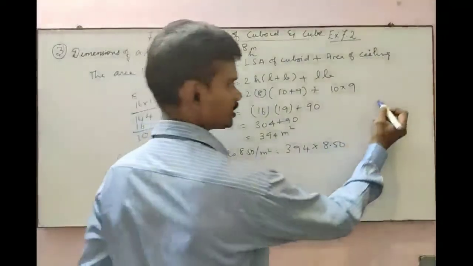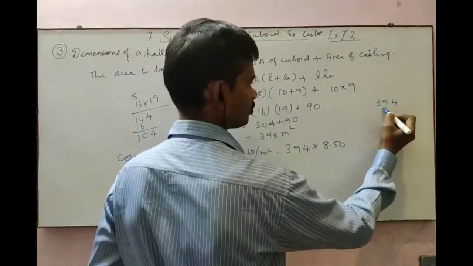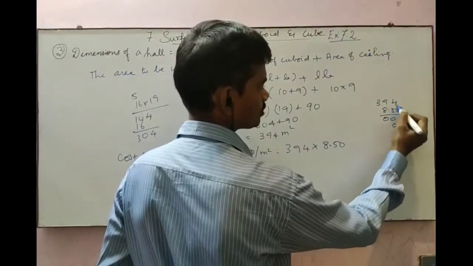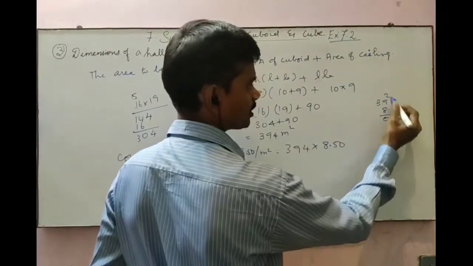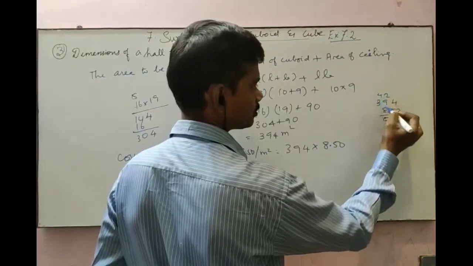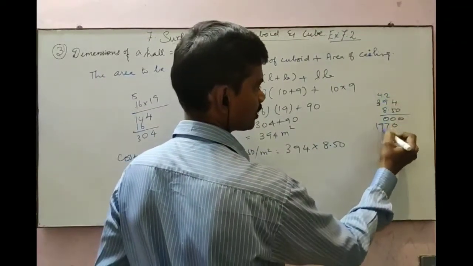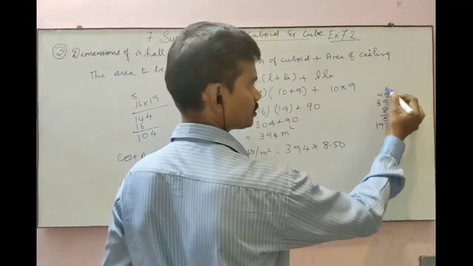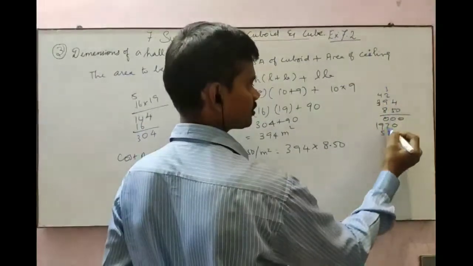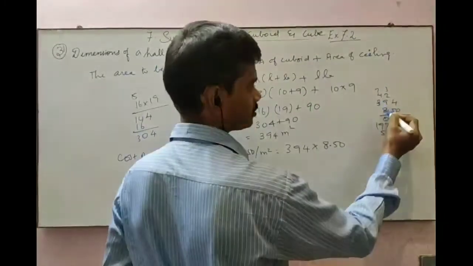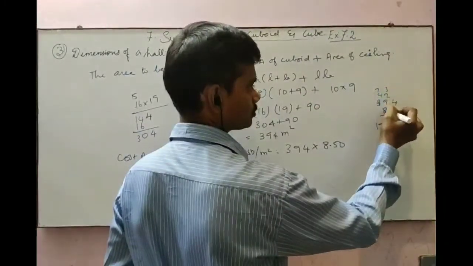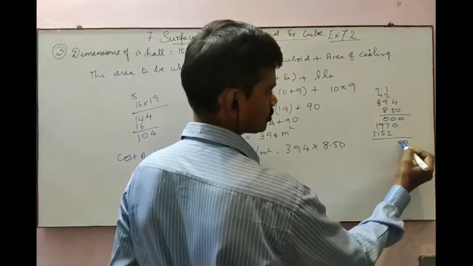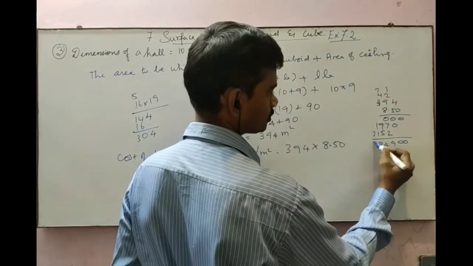If you multiply 394 with 8.50, step by step, you get the digits 943 and 3.